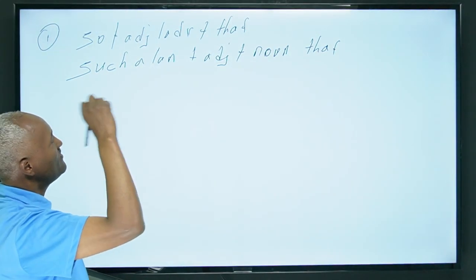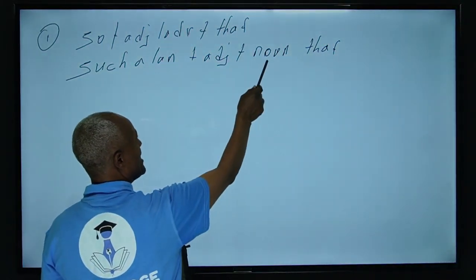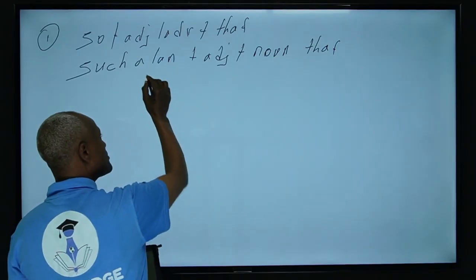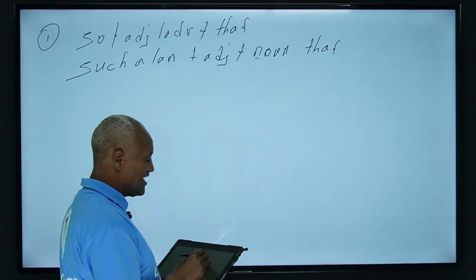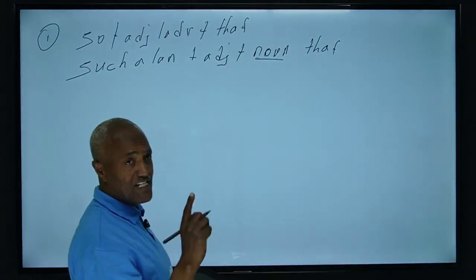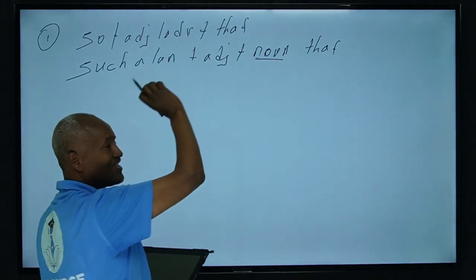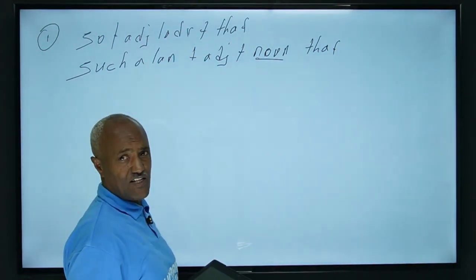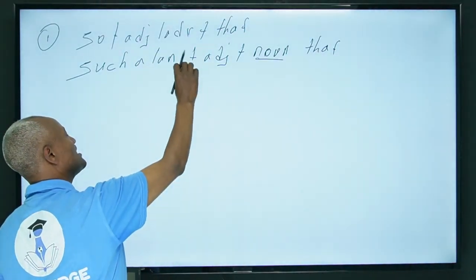So, adjective or adverb. Don't forget, when we use such, there must be a noun. But a key point here: when this noun is a singular countable noun, we use a or an based on the sound of the first letter of the adjective.